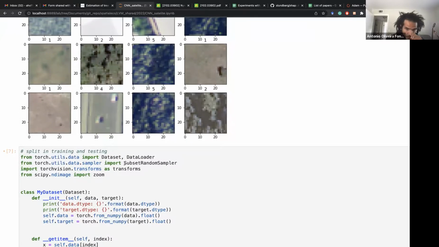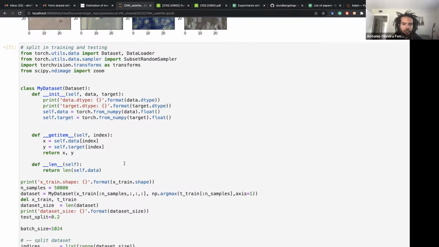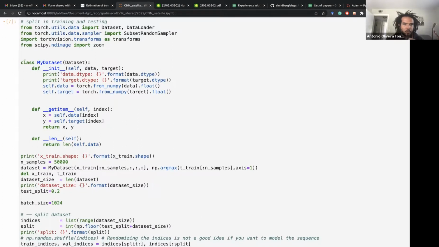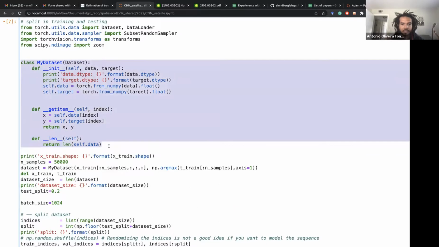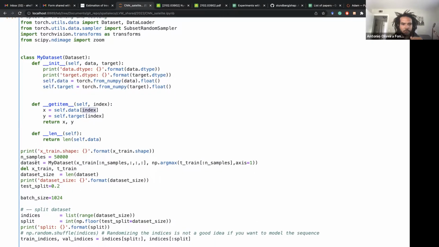So now let's see how we can do this task. First, let's create the data set, the batching. Here I created one class that I'm going to use to do the batching of the data. This class is going to receive samples coming from the data set, and then I'm going to select a chunk from that data to be one batch. So for example, here I'm going to select a batch size of 1024 samples. Initially the whole data set had about 300,000 samples.